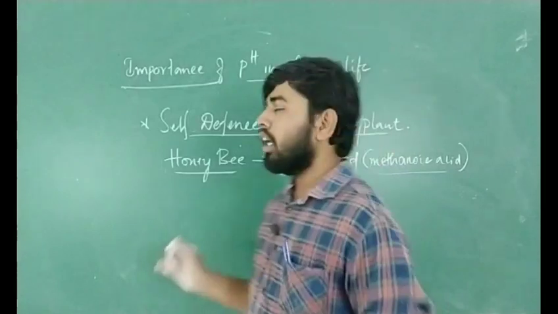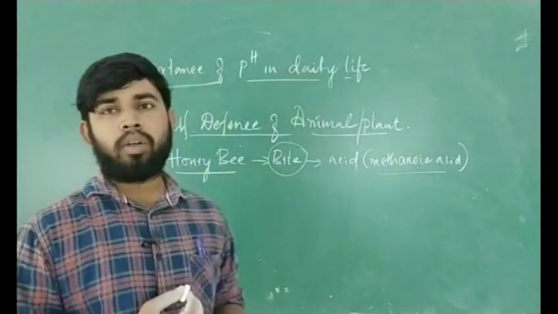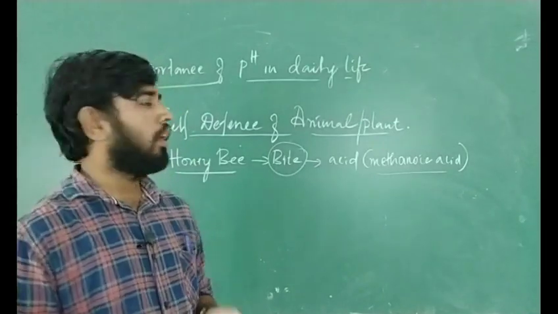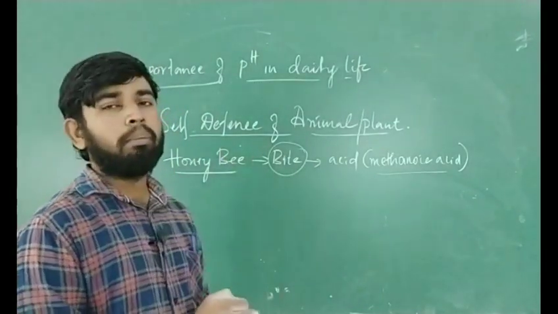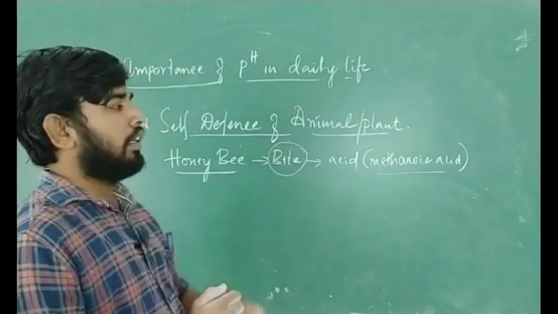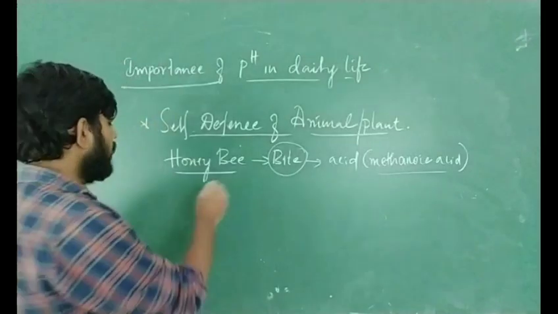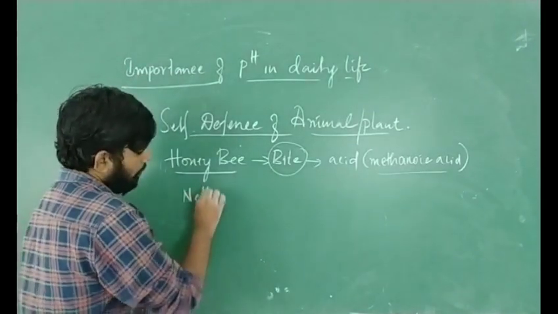In this way, honeybees or ants or different types of animals protect themselves by biting human beings or other things, and they produce different types of acids which can create the itching. Similarly, there is a plant called the nettle plant.